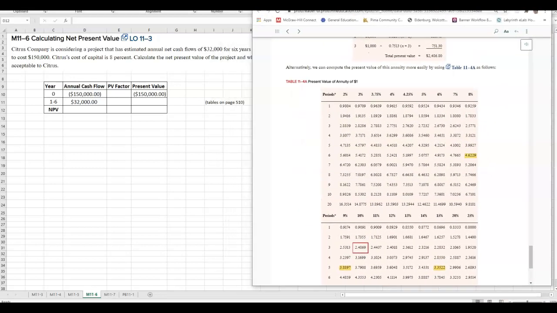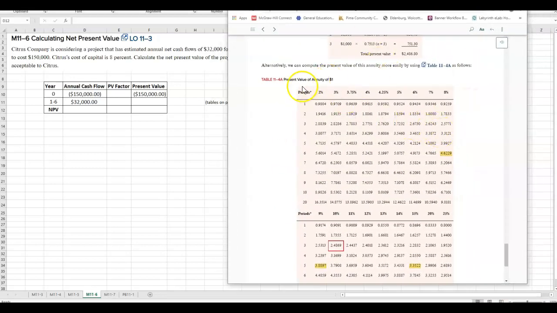So we look at the tables. I'm going to kind of make this smaller. Bear with me a second. So we look at the tables. We look at the present value of an annuity because it's a series of payments. It's $32,000 a year for 6 years.